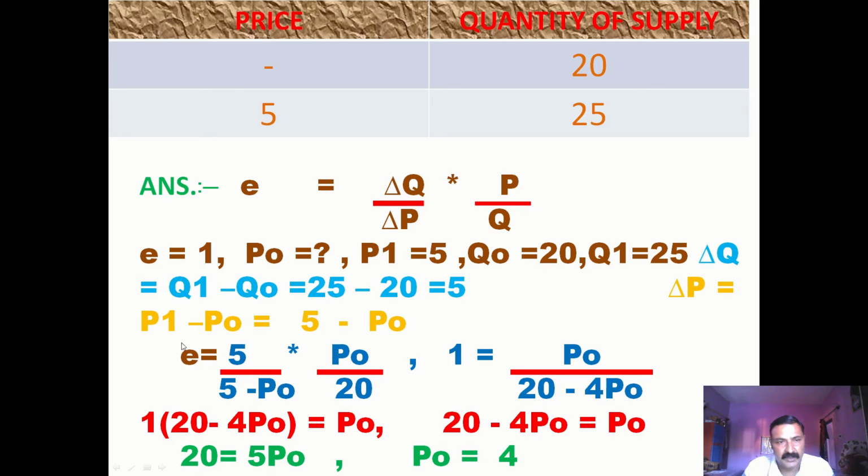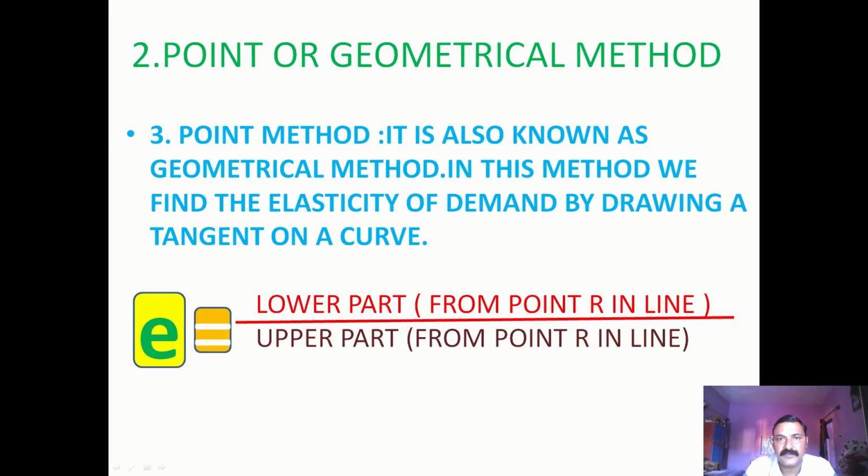And we know the elasticity 1 is equal to, we will divide 20 by 5, it gives 4. And here, when we multiply 1 by 1 into P0 it gives P0, and when we multiply 4 into 5 it gives 20, and 4 by P0 it gives the supply.